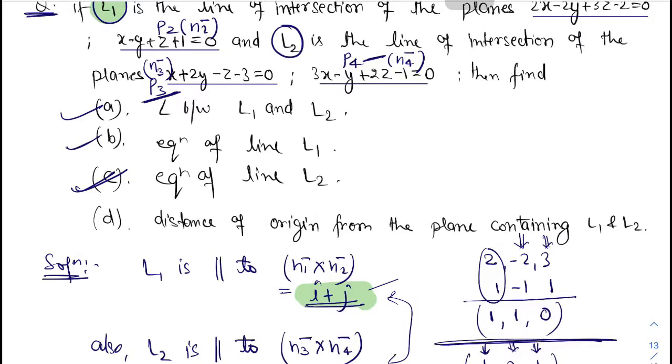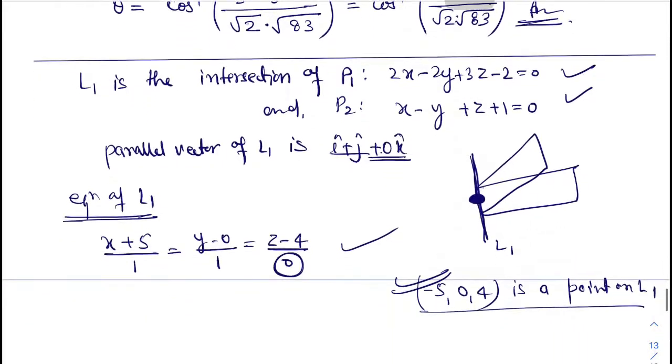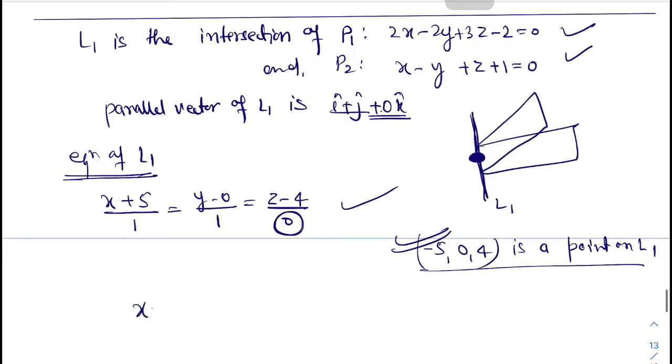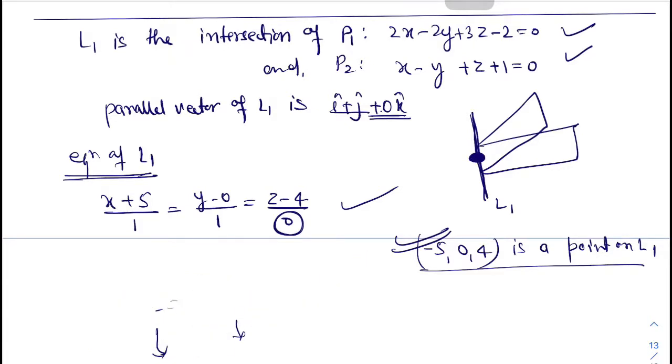You will again do the thing that I have mentioned here. You will put any of the three, just start by putting x equal to 0. If it's not working, then put y equal to 0. If this is also not working, then put z equal to 0. If these two are not working, then z equal to 0 will always work.